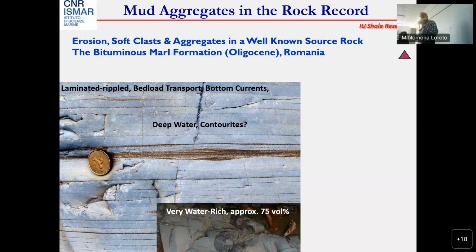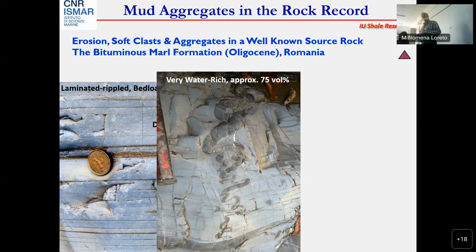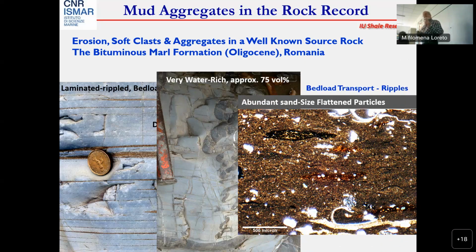Well, first of all, you know that there's a lot of water in this stuff, about 75% volume percent, probably a little bit more in reality because these plastic dikes did not come on day one, they came a little bit later. But if you look at the rock with a regular thin section, you see that it actually consists of a lot of sand-sized flattened particles. This stuff here looks like a mudstone.